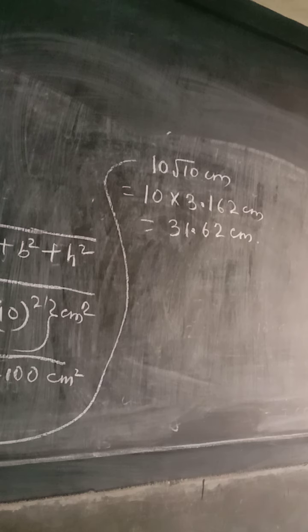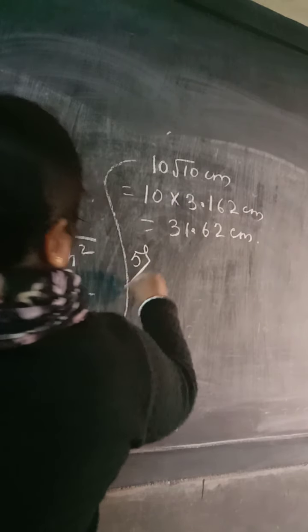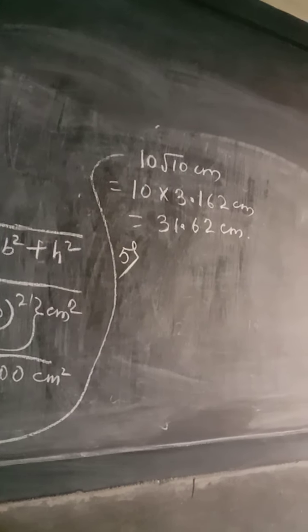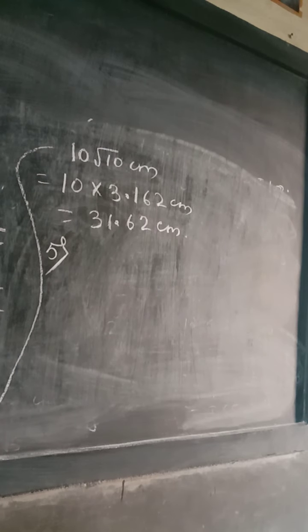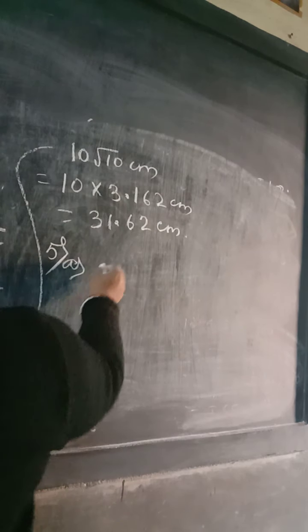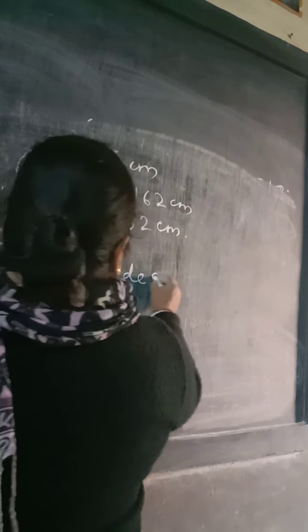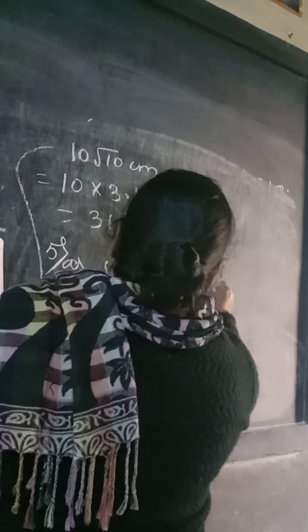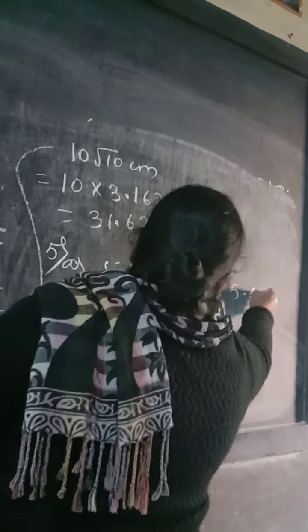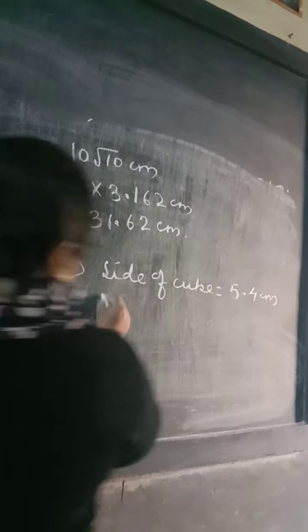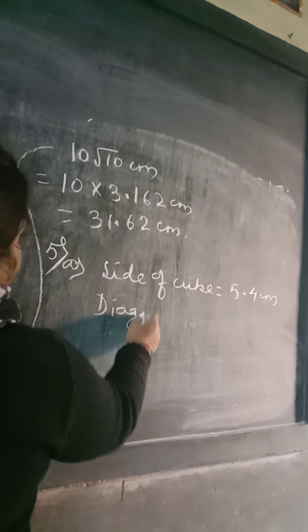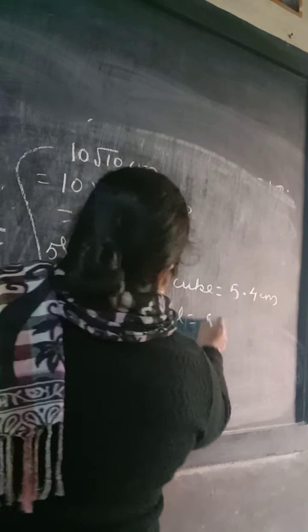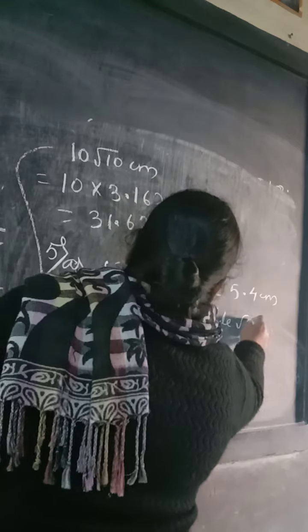Now question number 5 says, here you have to get the diagonal of a cube. It was for the cuboid. 5a, side of cube is 5.4 centimeter. Now we know the diagonal is equal to side root 3.